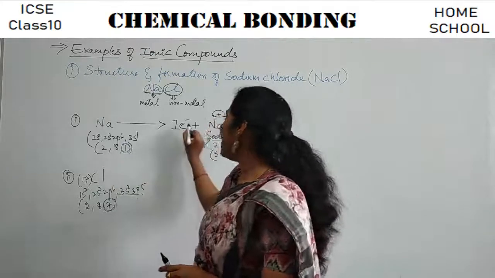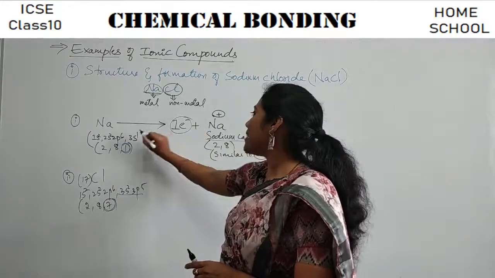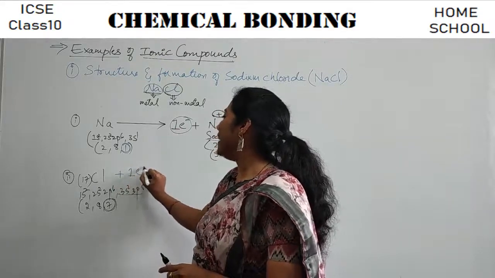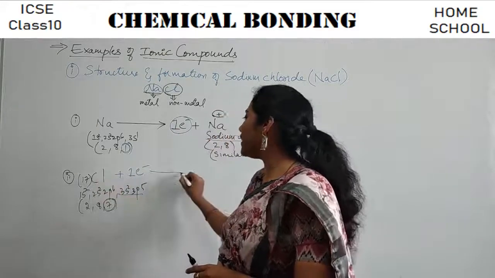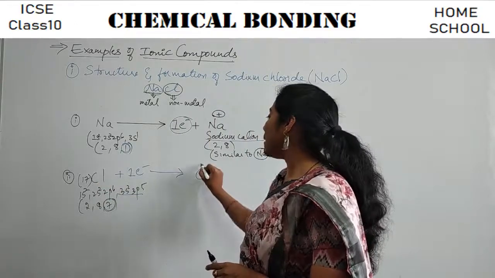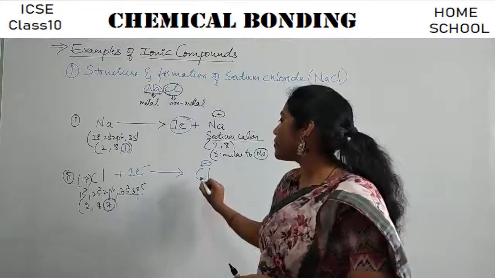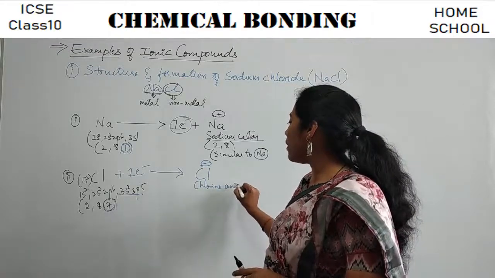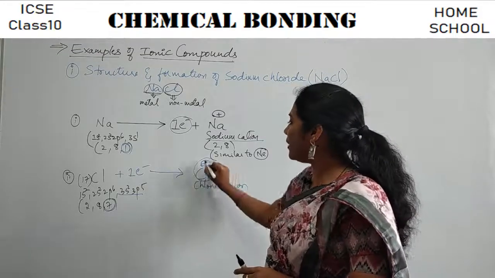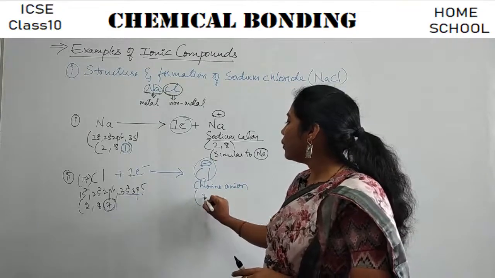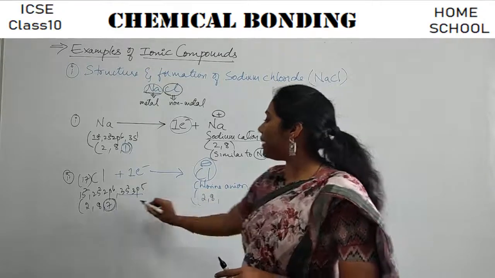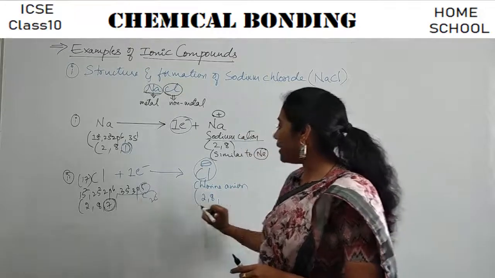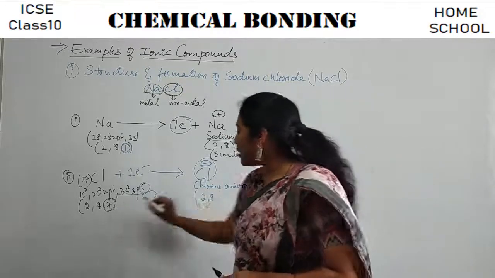So definitely, the electron that sodium has lost is gained by chlorine, and our chlorine becomes Cl minus. So the chlorine anion is formed. Now this anion's electronic configuration is 2, 8, 7 plus 1 electron, so I can write 2, 8, 8.